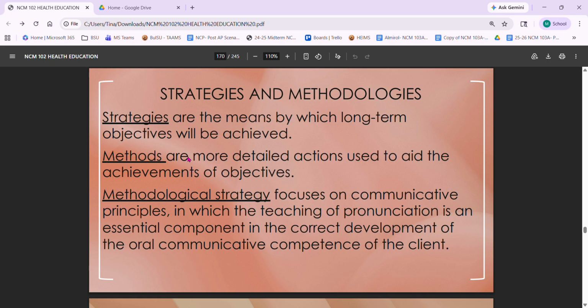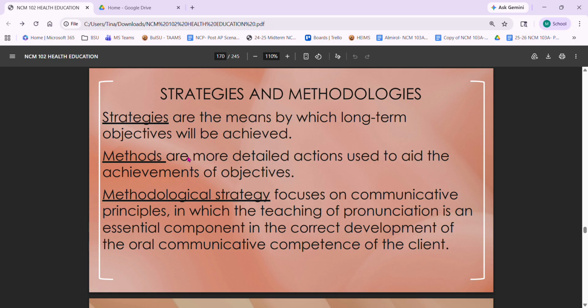Okay? Now, let's go to strategies and methodologies. When you say strategies, these are the means by which long-term objectives are achieved. When you say methods, these are more detailed actions used to aid the achievement of the objective, and methodological strategies focus more on the communicative principle, in which teaching of pronunciation is an essential component in the correct development of the oral communicative competence of your client.